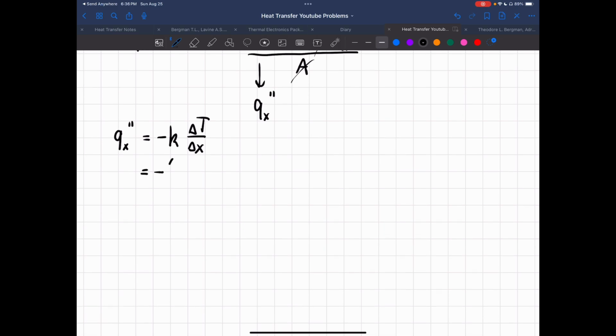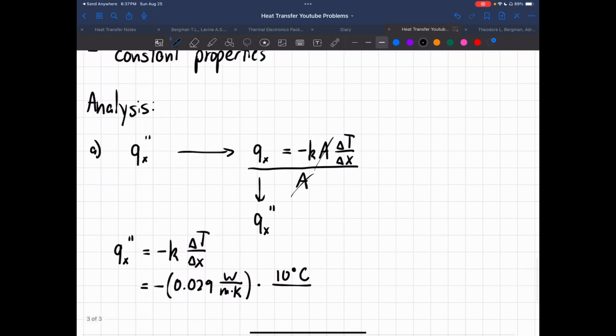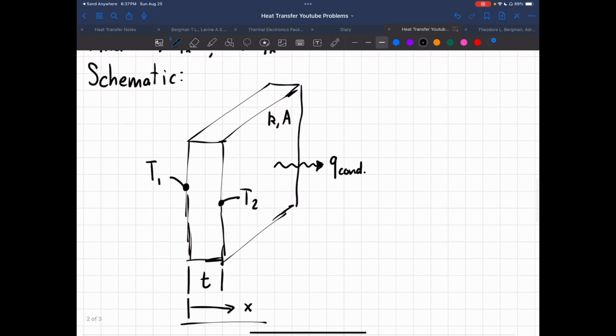So we have negative, and then our k was 0.029 watts per meter Kelvin, times delta T, which was T1 minus T2, which we said was 10 degrees Celsius, over delta x. And in this case, delta x is the width of the shape that the heat transfer is going through. So if we look back at our shape, we can see the heat transfer is going this way.